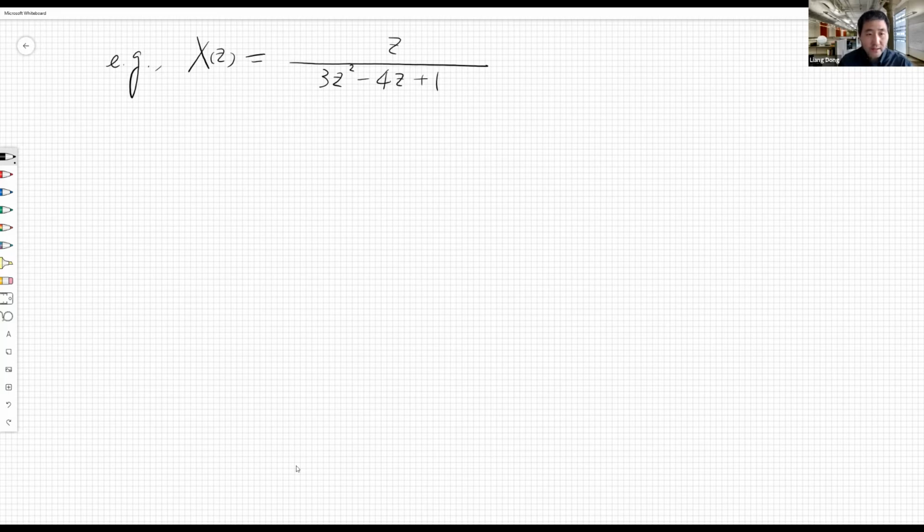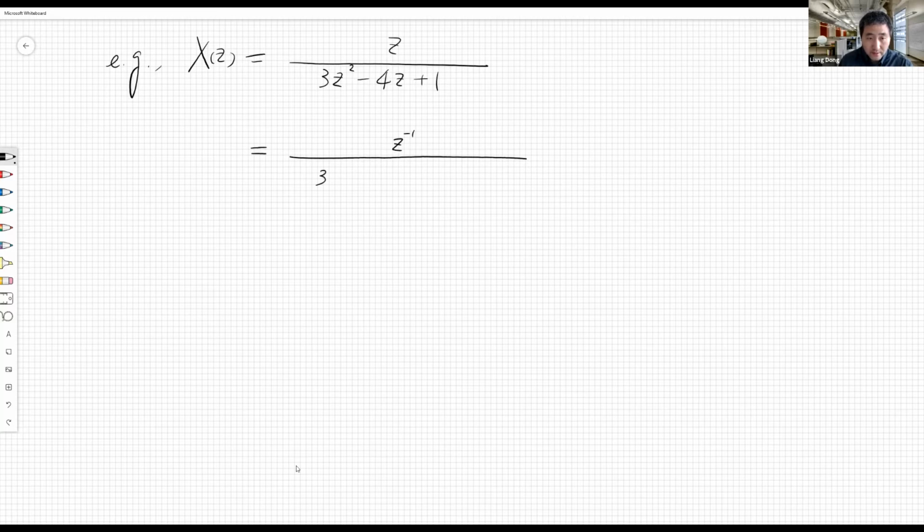Now, first, as we said, we always want to make this system function, or this function X(z), a function of z inverse, z to the power -1. It's just easier for me to do this inverse Z-transform. So we divide both numerator and denominator by z squared. This is second order, right? The denominator is second order. So by z squared, the numerator becomes z to the power negative 1.